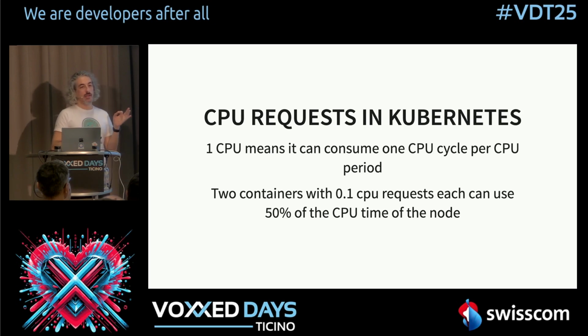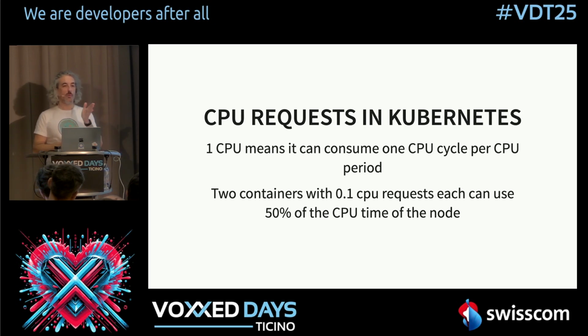So if you have two containers that only request 0.1 CPUs running on a node with 32 CPUs, and they are using as much CPU as they can, both can use 16 CPUs each. So you are not limiting them. It's a weight between the two. The two have the same weight. Both of them can run at the same time, consuming all the CPUs they can, up to 50% between the two.